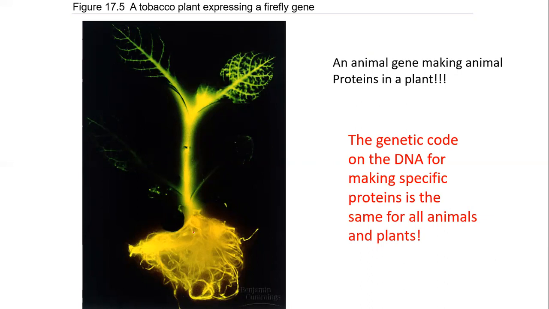The tobacco is using exactly the same code on the DNA that the firefly uses, and is actually making the same protein that the firefly makes. And that protein allows the plant to literally glow in the dark. This is an animal gene making animal proteins in a plant. The genetic code on the DNA for making specific proteins is the same for all animals and plants. This plant is using the same code on the DNA to make the protein as the firefly did.